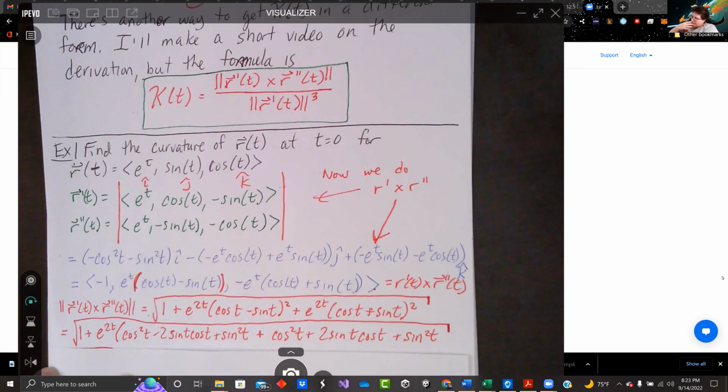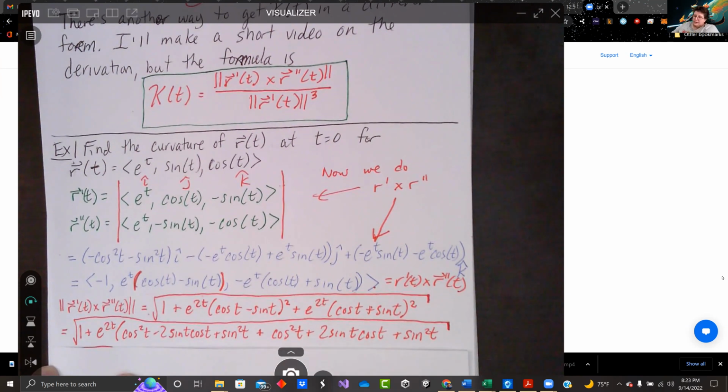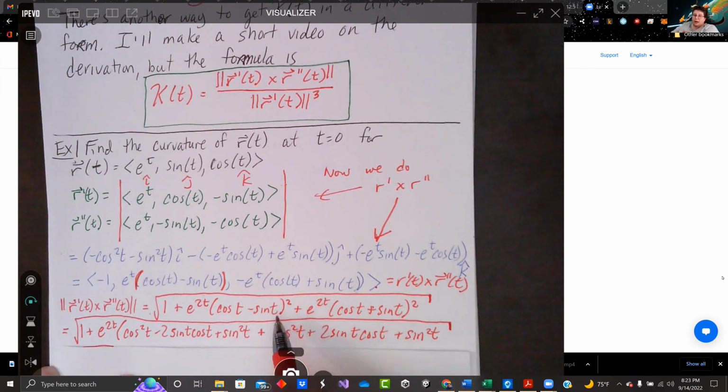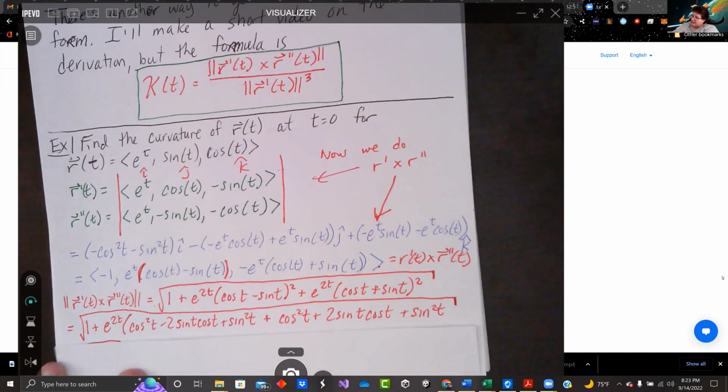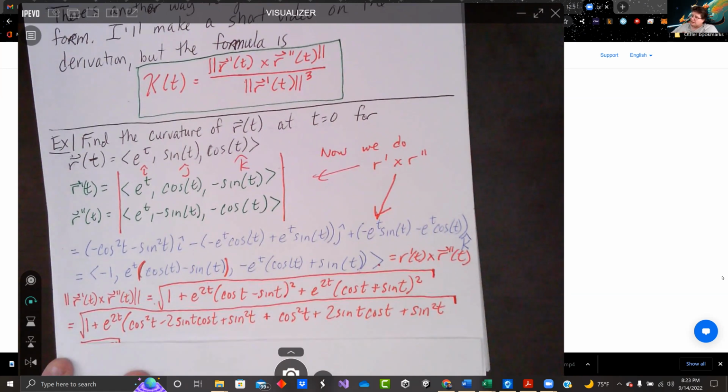So do not distribute the squares and just call it quits. That's not how squares work. Remember, it's two parentheses multiplied together. We have to multiply it all out.